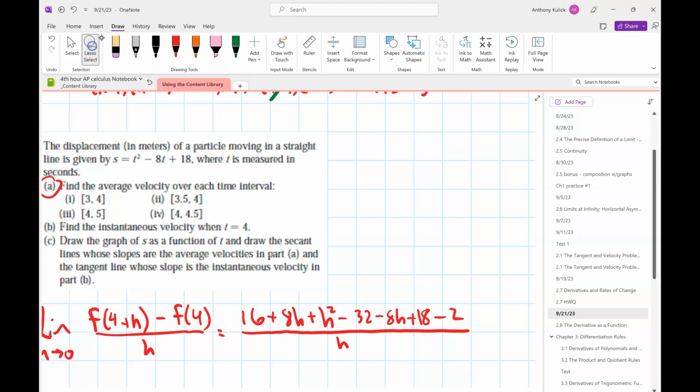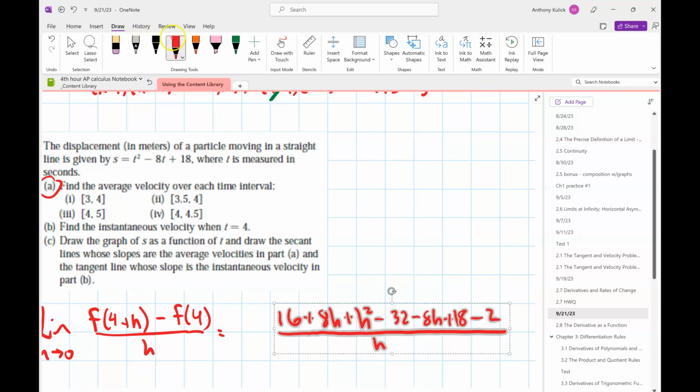Oops, what did I forget? The limit. All right. So I have 16 and 18 is 34 minus 32 minus 2 is 0.